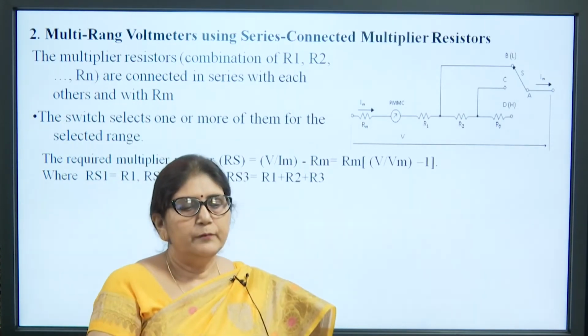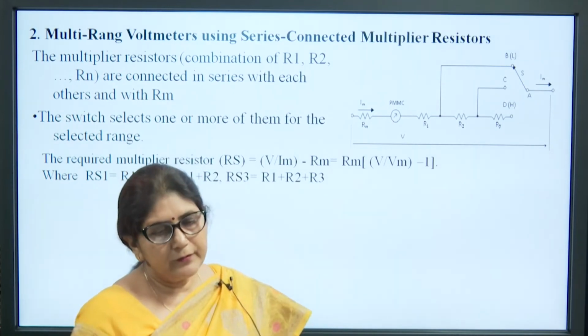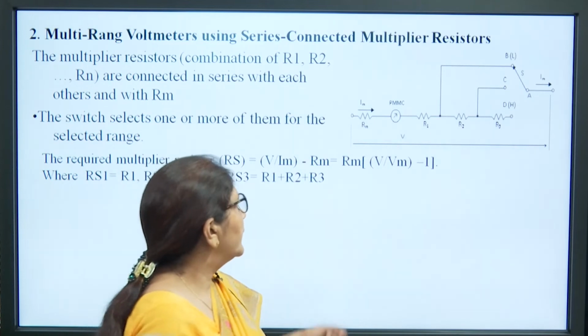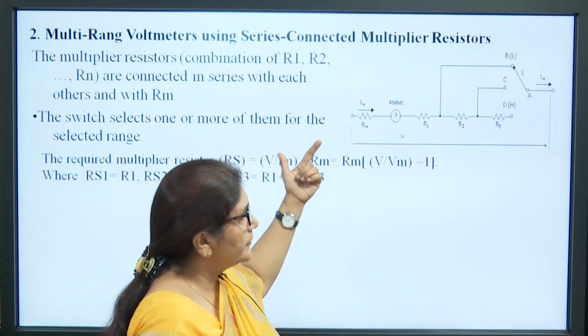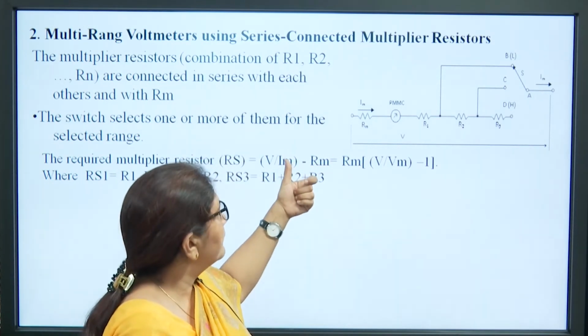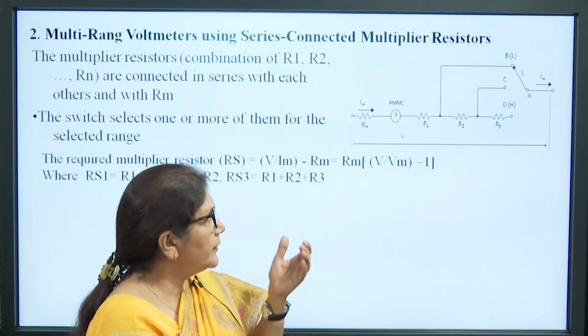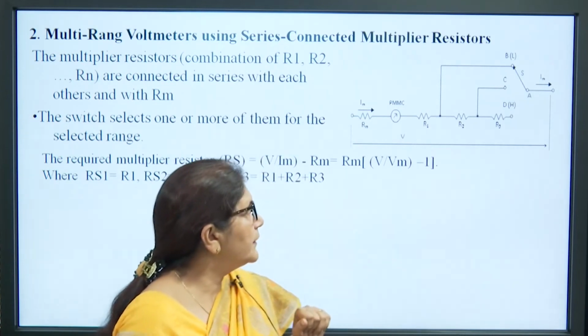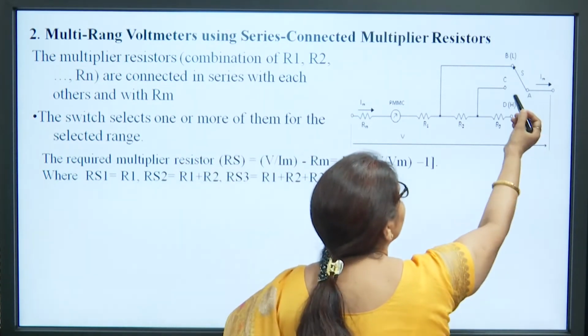Now, the second multi-range voltmeter uses series connected multiple resistors. In the previous type, the multiplier resistors were used in parallel to each other. Here the resistances are used in series with each other, and there is a switch.